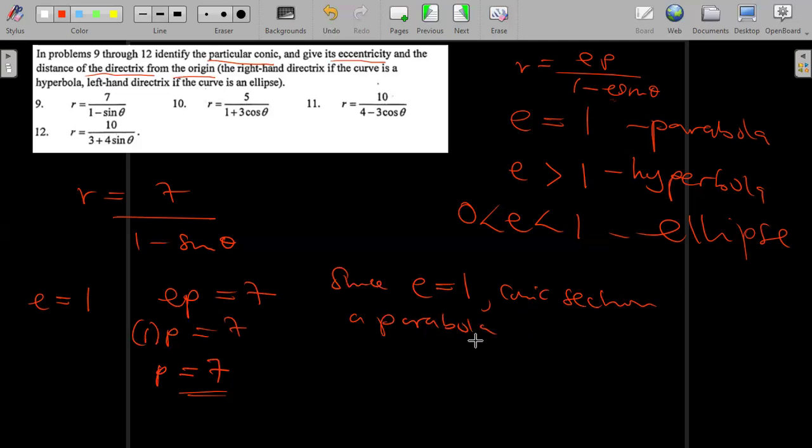Then eccentricity, I've already said it. Eccentricity is equal to 1, and we've calculated that, so we've answered that part as well. Now the distance we need is of the directrix from the origin, and of course we've calculated that to be P. So the distance of the directrix from the origin, our starting point, is just P equal to 7.